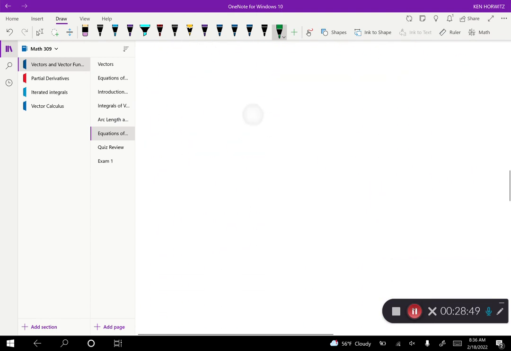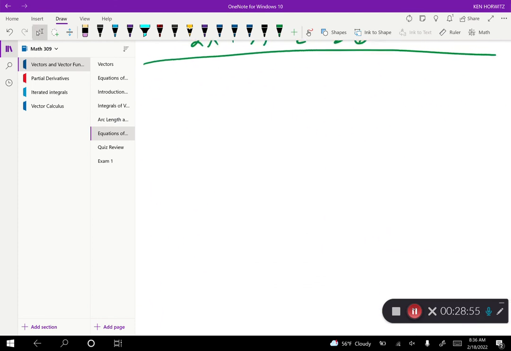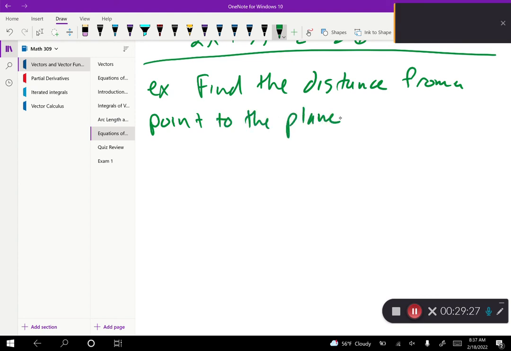All right, let's scroll down. The last problem we're going to look at is finding the distance from a point to the plane. So we're going to find a distance from the point to the plane.